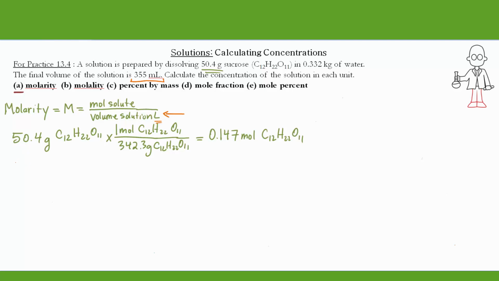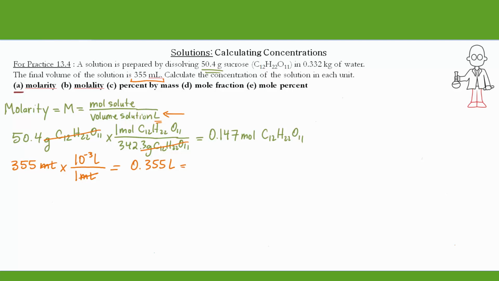So I need to convert 355 milliliters to liters. In 1 milliliter, there's 10 to the minus 3 liters, and that is equal to 0.355 liters. That would cancel also.